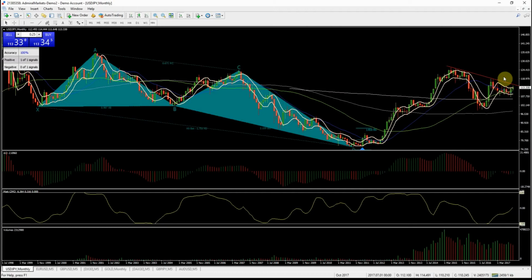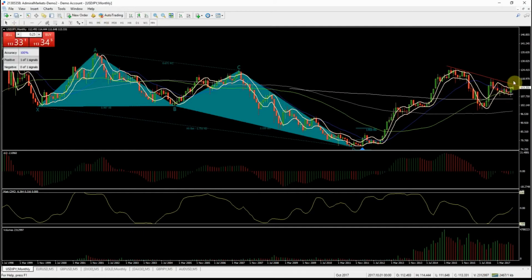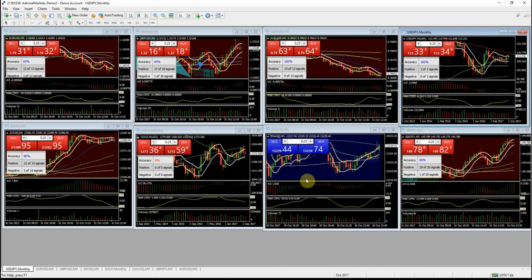So as it stands at the moment, we've got this trend line going across here. We didn't quite get up to it, but potentially we could see it push through there, and I will just check that out because we've just had an alert. I've just set up an indicator just to alert me when we've got some potential price action here.